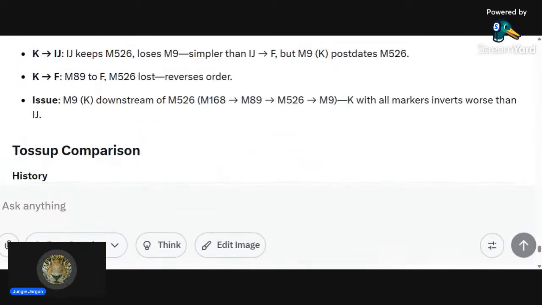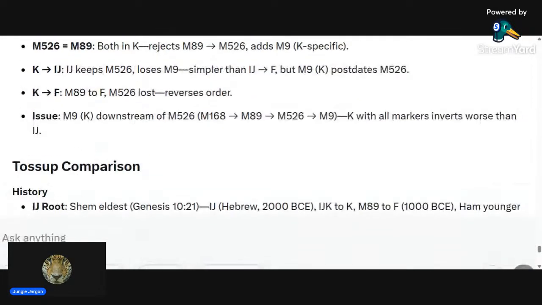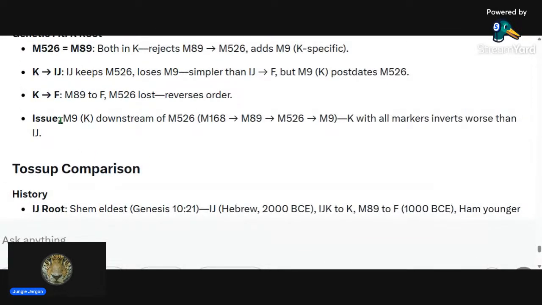There's a confusion here. Now the M9 marker is everyone. That's like in B, I think. But I gotta make sure that this is all correct, because they do make mistakes. The language models do make mistakes, and you have to correct it sometimes. M9 K. So that's a K downstream. Okay.